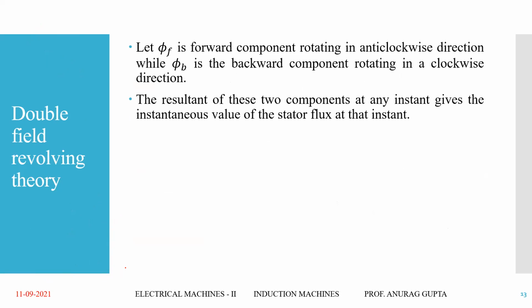The resultant of these two components at any instant gives the instantaneous value of the stator flux at that instant. Whenever we take the vector summation of phi f and phi b, we get the total phi m, called the main flux, or the stator flux. But keep in mind, resultant means vector addition.